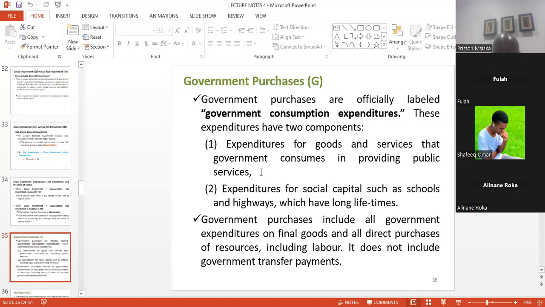So some of the expenditures are consumption, some are on capital goods, that is investment. So it includes expenditures on final goods, as well as direct purchases, including, for example, even employment. But it should not include government transfers. Government transfer payments should not be included in your calculations.